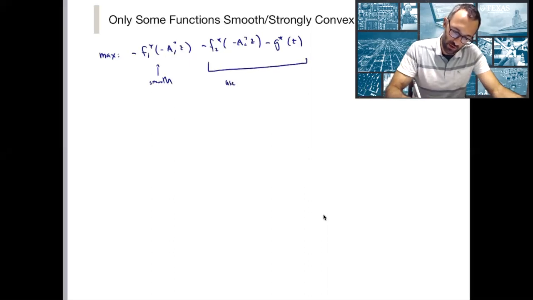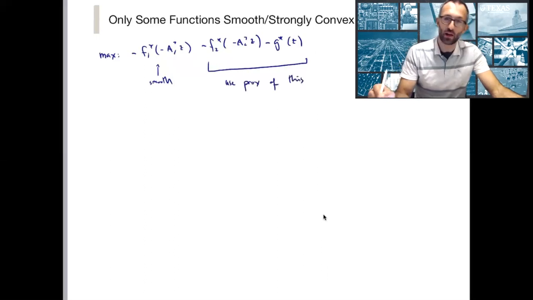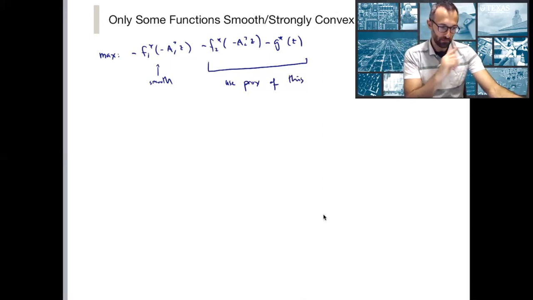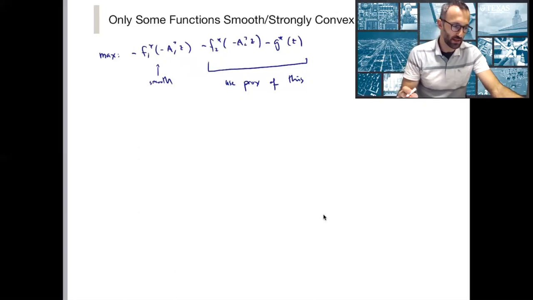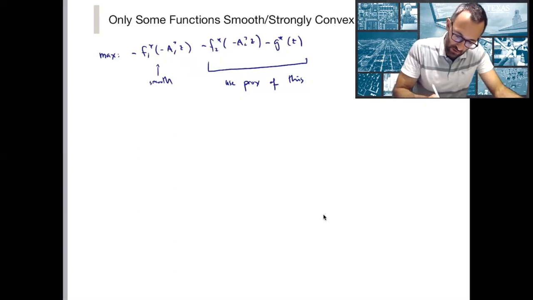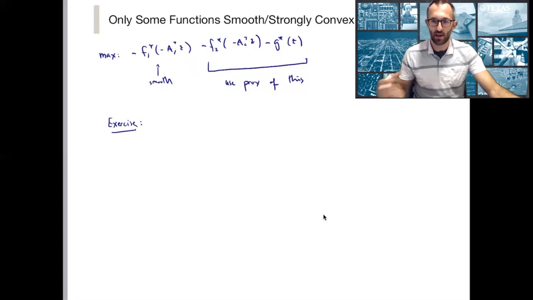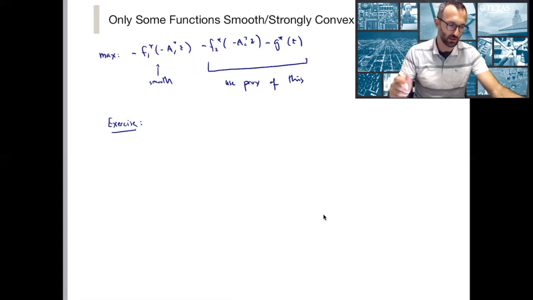So I will now use Prox of this sum rather than just the Prox of G. And so let me write this as an exercise for you. We've seen variants of this so many times that it's probably getting familiar. But just to be able to derive it is a good exercise.